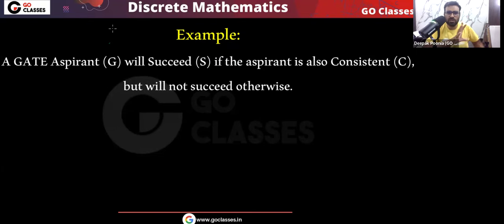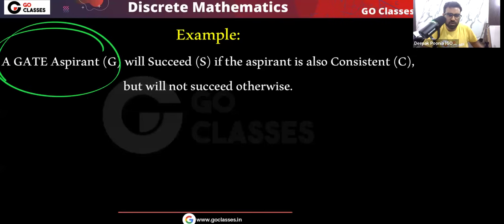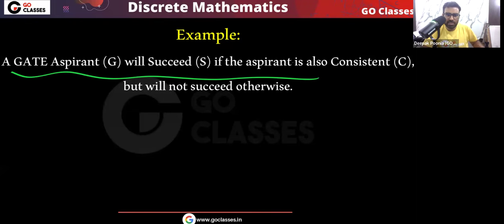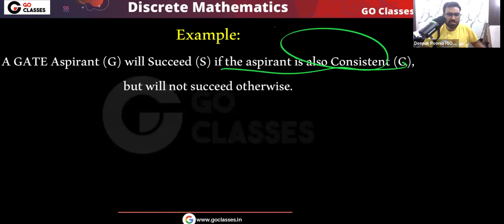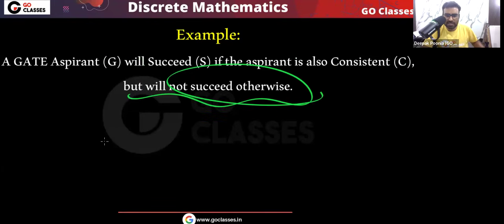I am only focusing on the GATE aspirants. Yes or no? So remember, here I am saying a GATE aspirant will succeed. My focus is only GATE aspirants. I am giving some gyan to the GATE aspirants, that a GATE aspirant will succeed if the GATE aspirant is also consistent, otherwise the GATE aspirant will not succeed.